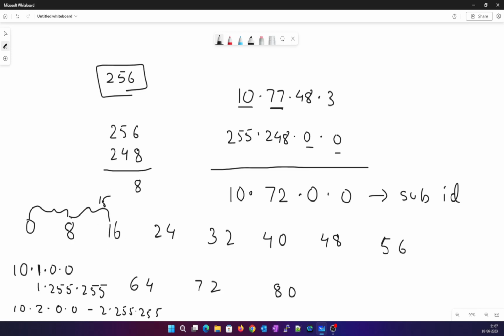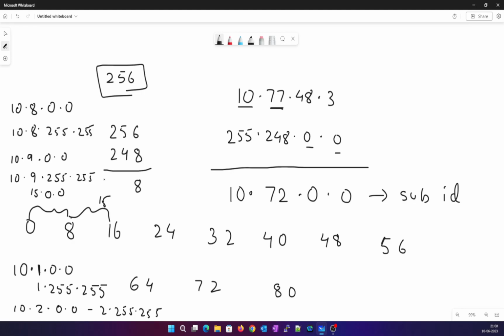Similarly, the IP address range from 8 to 15, as an example, would be 10.8.0.0, ranging up to 10.8.255.255. The next would be 10.9.0.0, and it would go up to 10.9.255.255. Similarly, this would go up to 15.0.0, and the broadcast address would be 15.255.255.